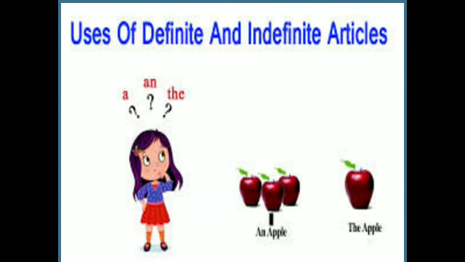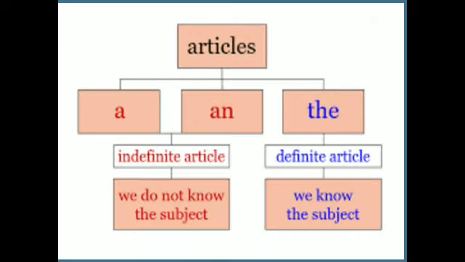Now, the uses of definite and indefinite articles: how can we use them? Let's see. Articles, as you know, are divided into two categories, indefinite article and definite article. Indefinite articles are a and an. These are the two articles in the category of indefinite articles because they are not definite about the subject.